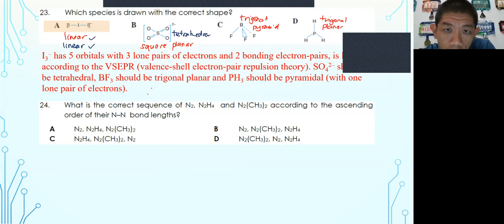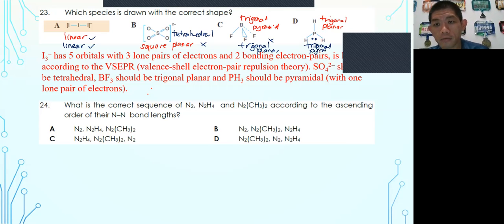So B is wrong, whereas BF3 is actually trigonal planar, which is wrong, whereas PH3 actually has a lone pair of electrons in here, so it's going to be trigonal pyramidal. So the best answer in here is A.